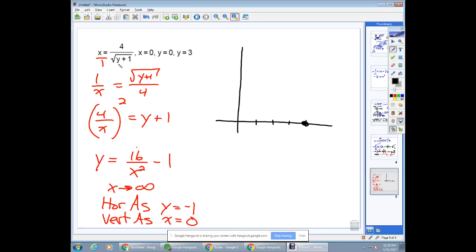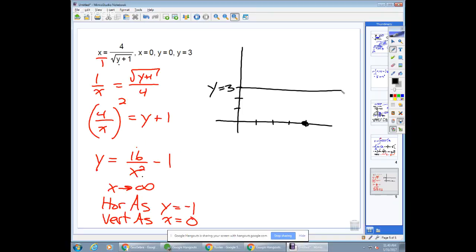If we try to let x equal 0, we have a problem. That's not possible. And so some other points would be handy. For example, 1, 2, 3. We were asked to plug in essentially y equals 3, because we have that horizontal line there.